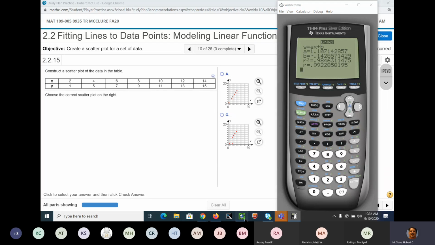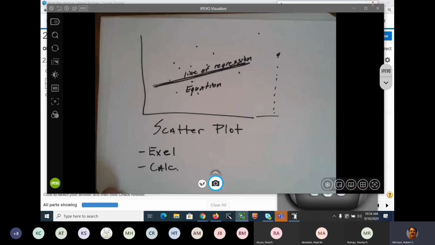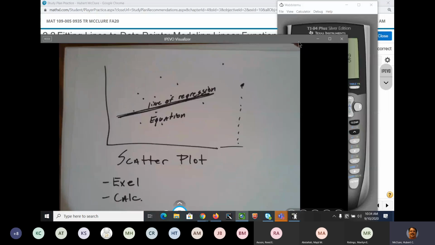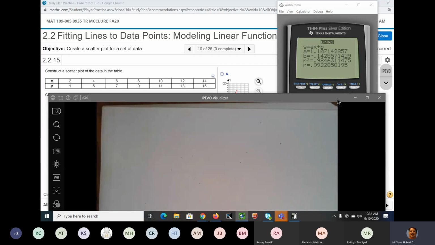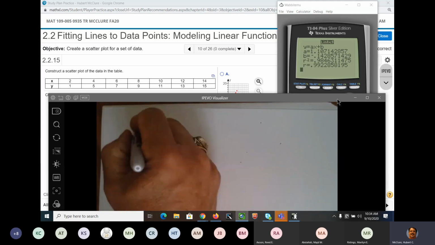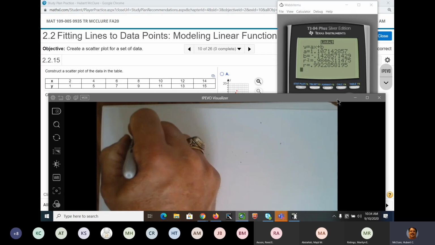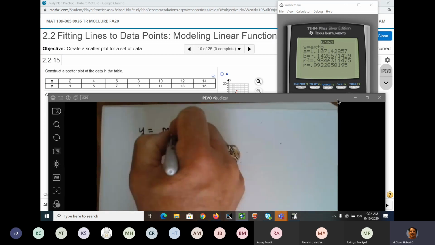Now, for this problem, it gives you y equals ax plus b. Well, nobody writes it like that. Y equals mx plus b.